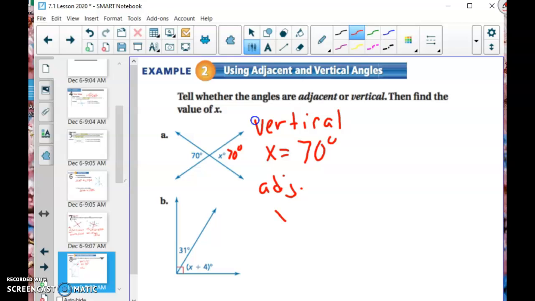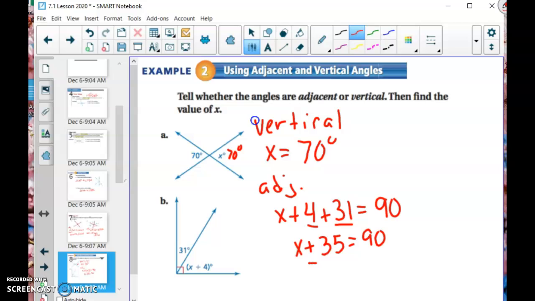So knowing that, I know x plus 4 plus 31 has to sum to 90 degrees. Well, remembering back a few chapters when I was combining like terms, that would simplify to be x plus 35 is 90. Then I would subtract 35 on both sides. So that will leave me with my answer, which is 55 degrees. So they are adjacent angles and x would equal 55 degrees.